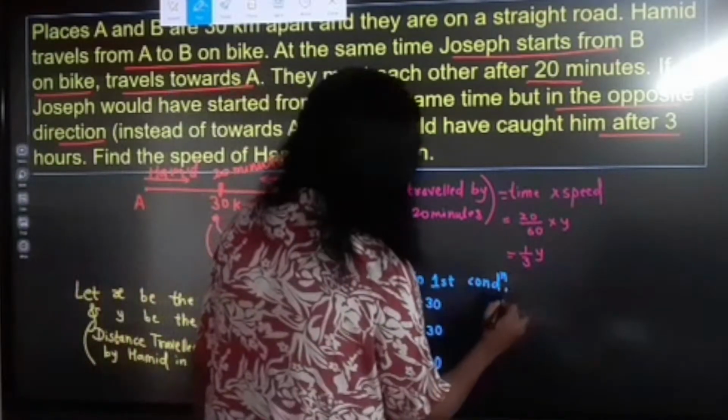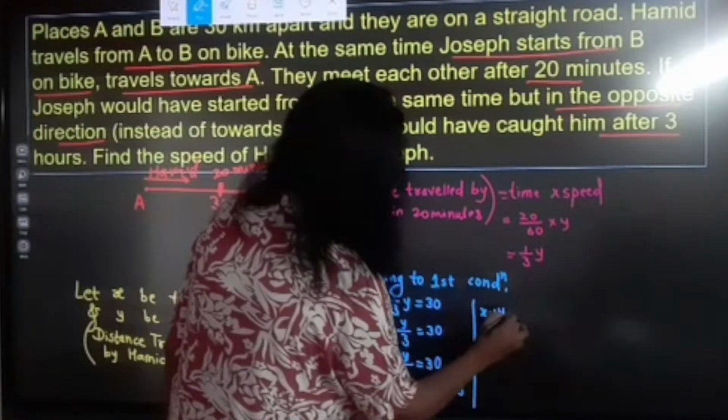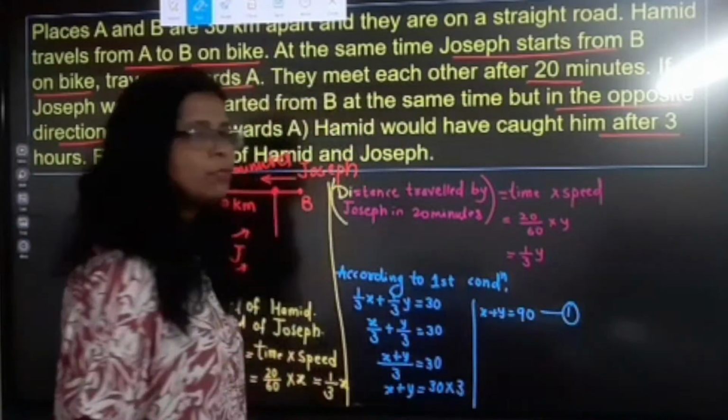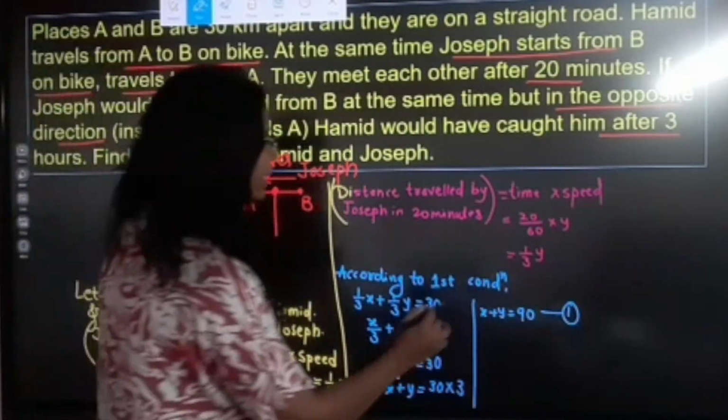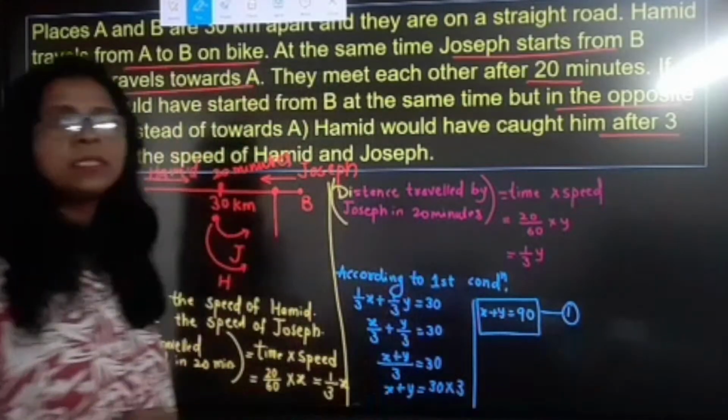So students, x plus y is equal to 90. I call this the first equation, from the first condition.